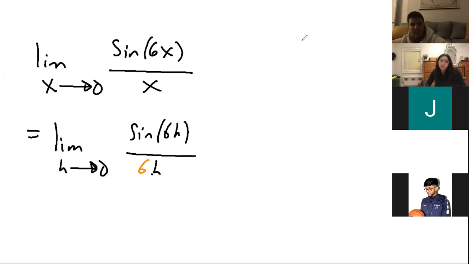Once I put in a 6, this is equal to 1 now, right? But that's not the right answer, because we put a 6 here. There should be another 6 to compensate. So it would be 1 times 6. And the answer is 6, correct? Wonderful.